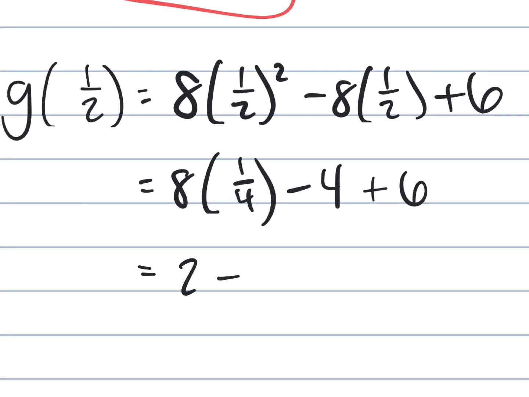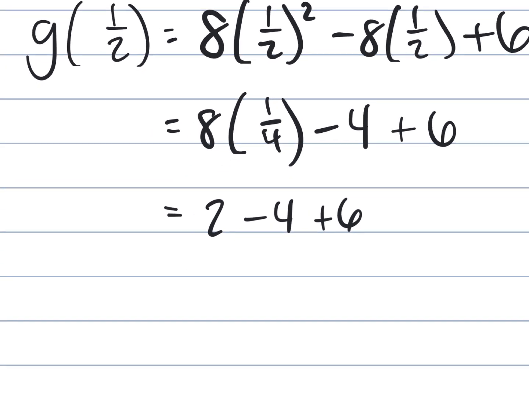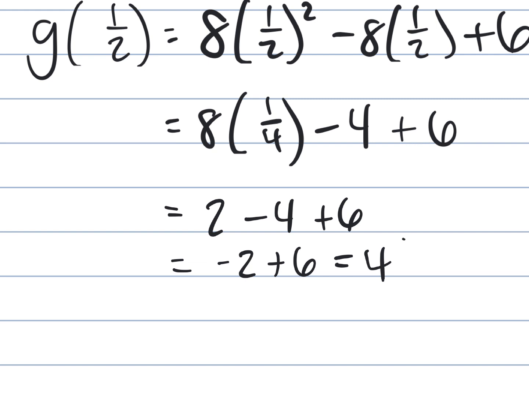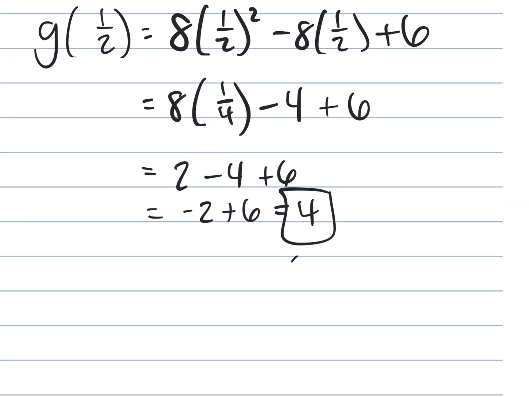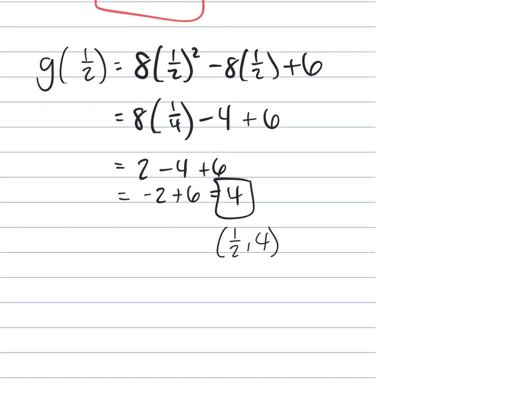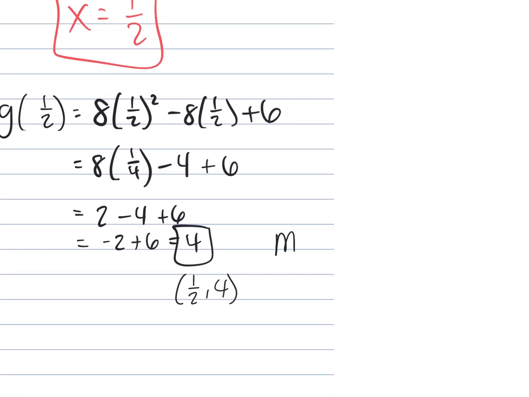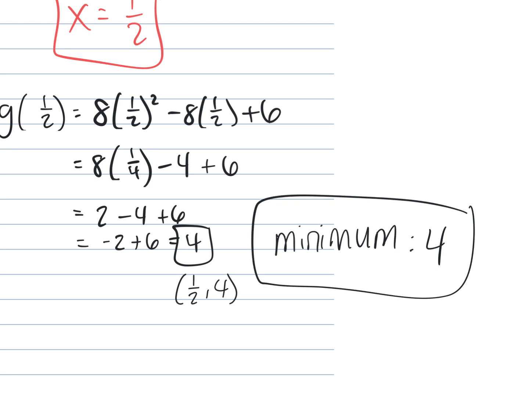So this is going to be 2 minus 4 plus 6. What's 2 minus 4? Negative 2. And when you add 6 to it? 4. So what's my vertex first? 1/2 comma 4. And what's my minimum value? 4. Yay! We did it.